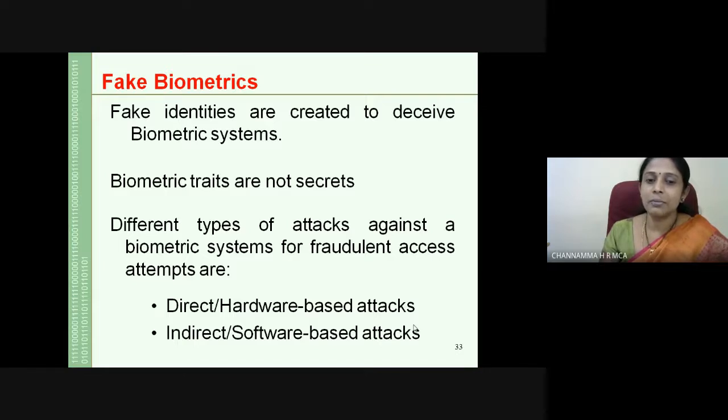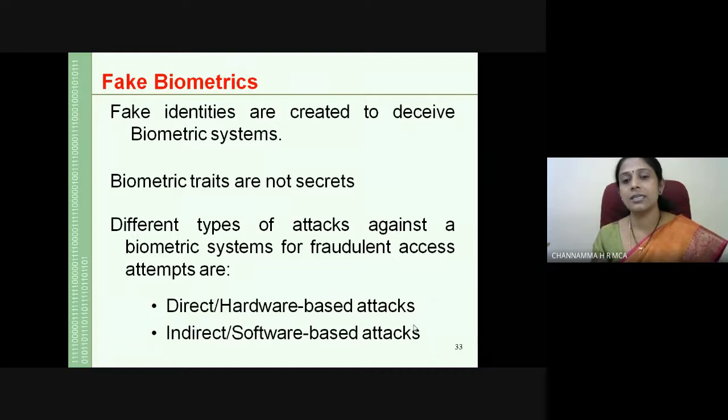A direct method means the fake identity is fraudulently shown in front of the biometric device, without touching the digital device, and they get the identification or authorization.